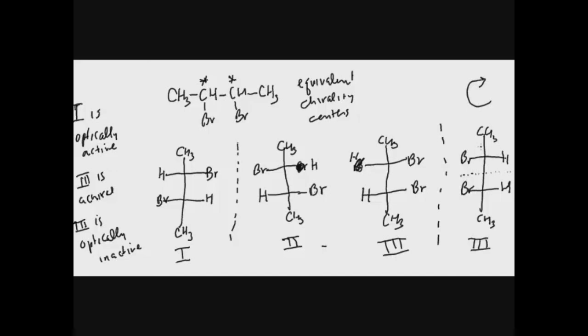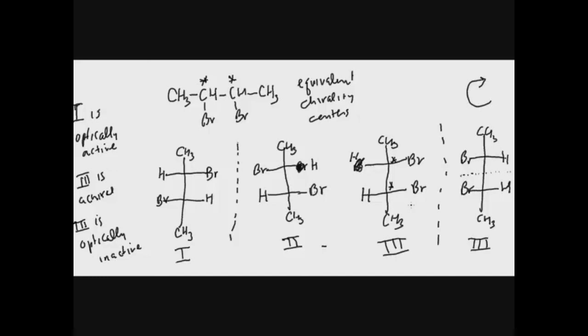We have actually kind of an ironic situation. Number 3 has 2 chirality centers, yet overall it's achiral. The molecule has 2 chirality centers, and yet it is achiral overall, optically inactive.